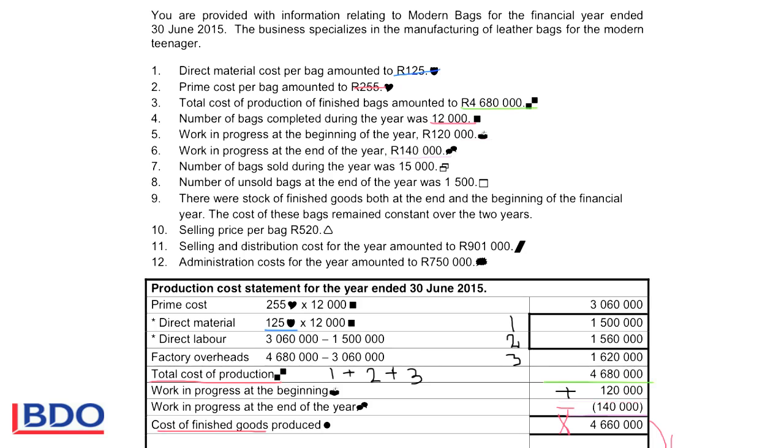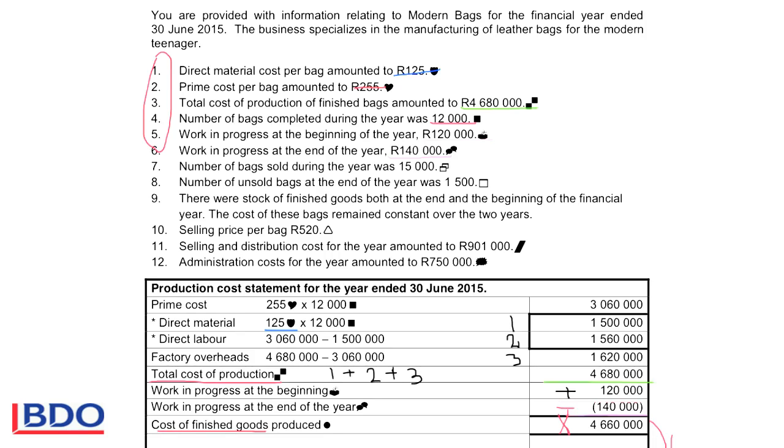If we look at the information provided, you will see that from number 1 until number 6, those 6 were used for the production cost statement to determine what was the total cost of production. If we look at number 7, they give us the number of bags sold during the year, the number of unsold bags at the end of the year, and they tell us that there were finished goods both at the end and at the beginning of the year, and the cost stayed the same over a period of 2 years.